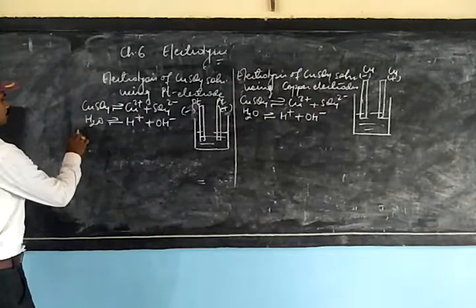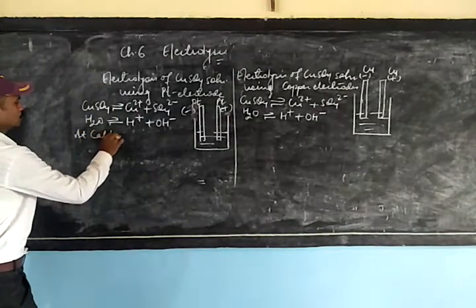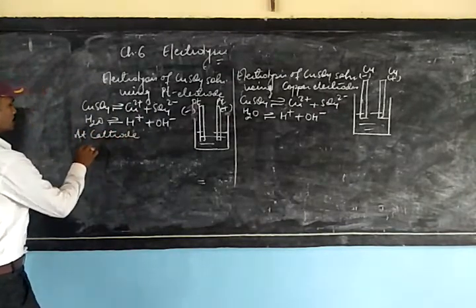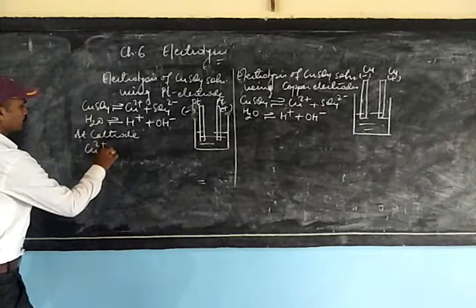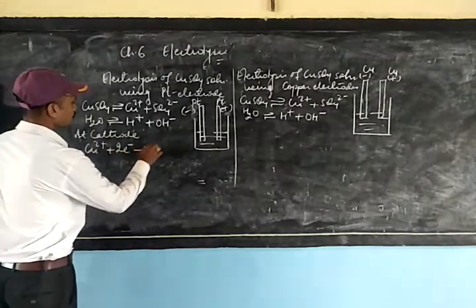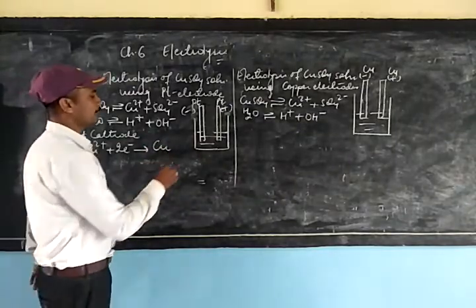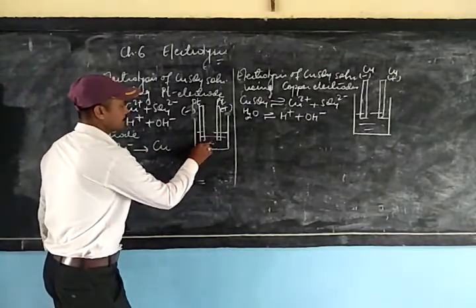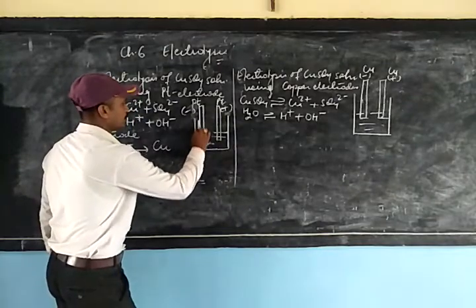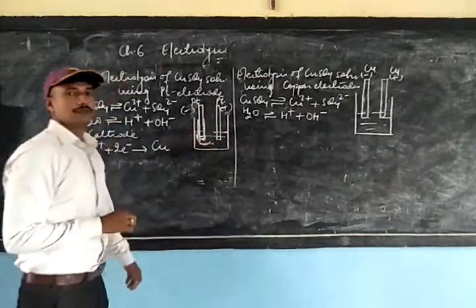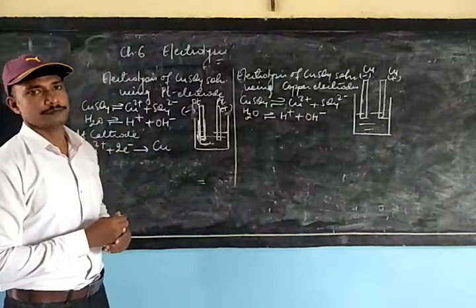So at cathode, copper ion after gaining 2 electrons will change to copper atom, and it is this copper atom from the solution that will be deposited at the cathode as a reddish brown solid.